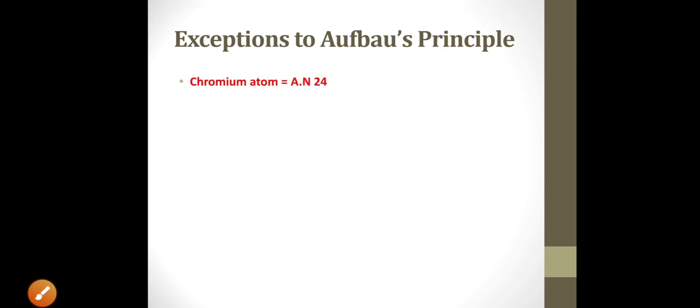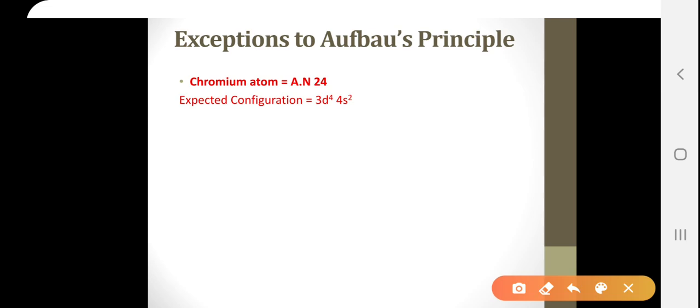What it means: see, chromium, atomic number 24. According to the Aufbau principle, the configuration must be 3d4 4s2, because the atomic number is 24.